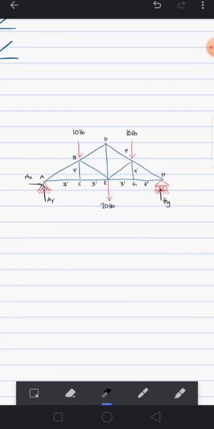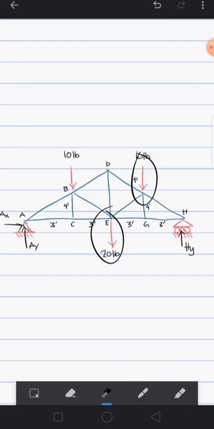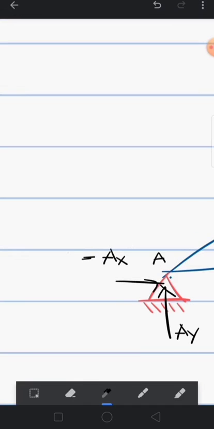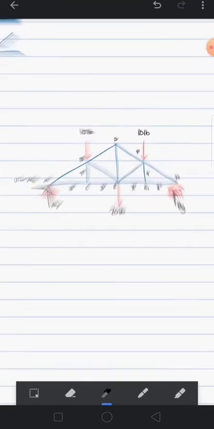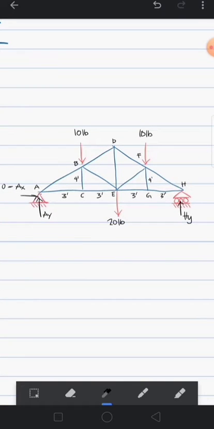So since there is no horizontal load applied to the truss, puro naman siya vertical, automatic this AX is equal to 0. Because if you sum all the forces in the X, there are no forces in the X. That's why the reaction at A horizontally is 0.